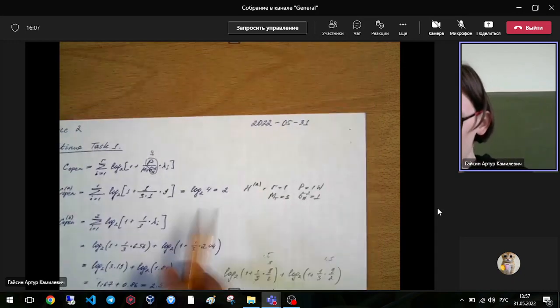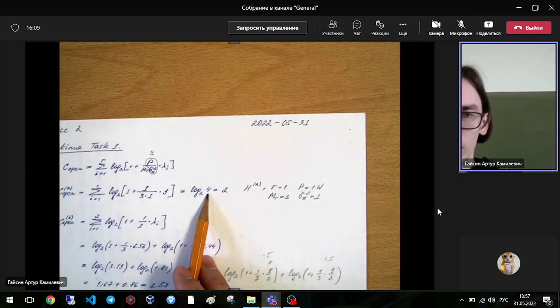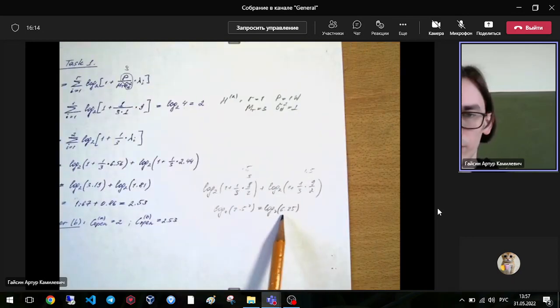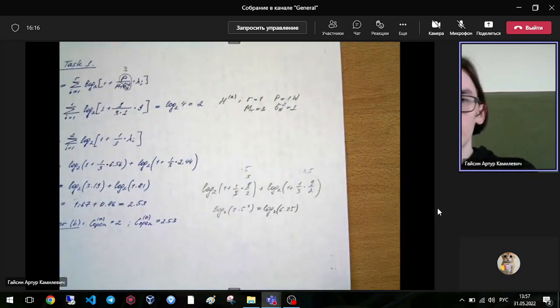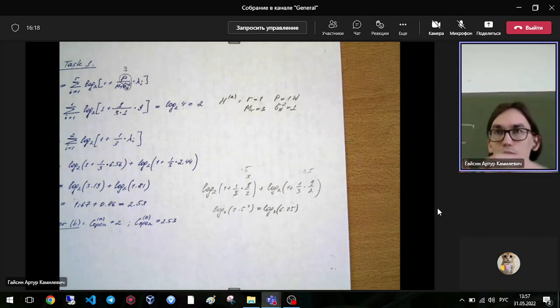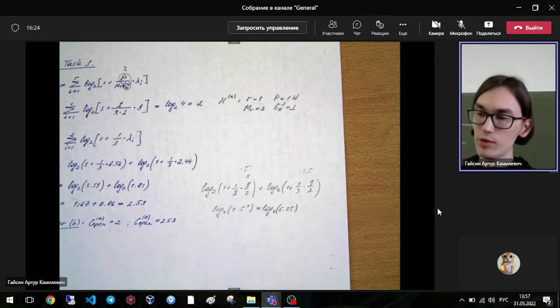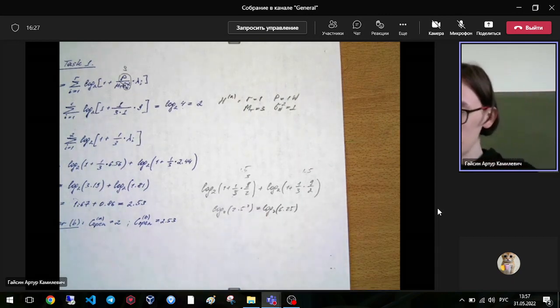And you can see in the first case we have logarithm base 2 of 4, and for the second case we have this logarithm base 2 of 6.25. So it is all because of this division to something, and then we sum it up inside of this logarithm. Of course, not sum it up, but multiply it.